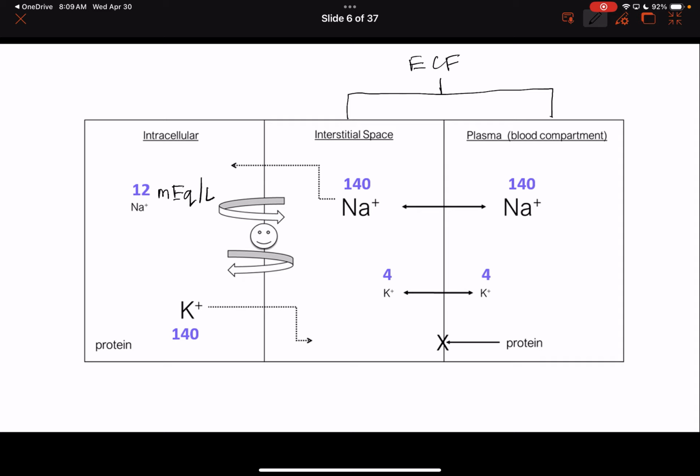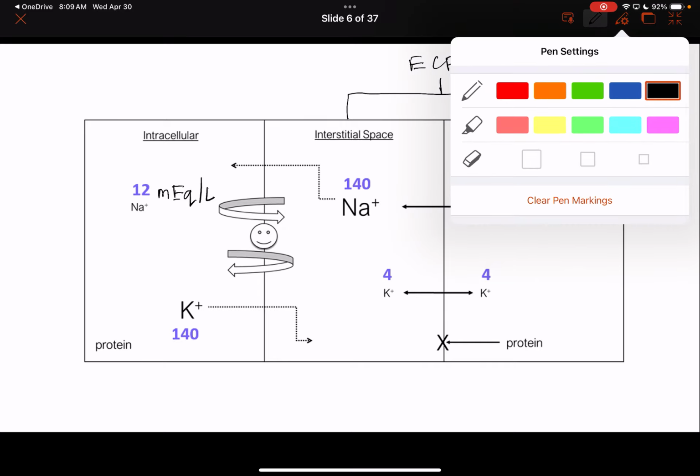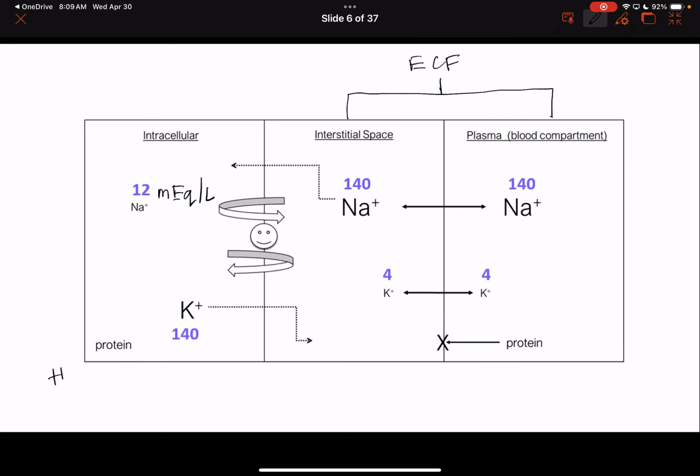So one clinical application is something called third spacing. And this should already be in your lecture notes. But third spacing is when we have fluid that escapes, usually to a body cavity, but pretty much it's not held within any one of these three spaces.